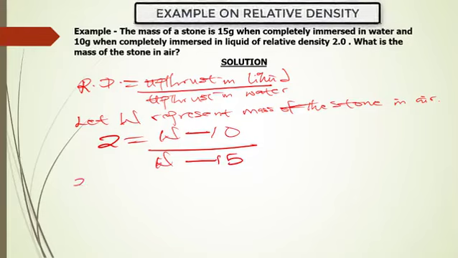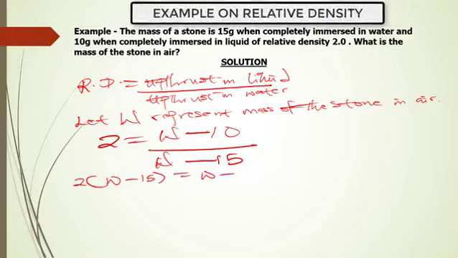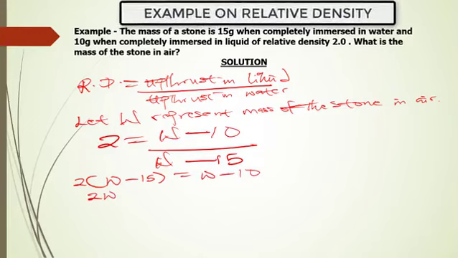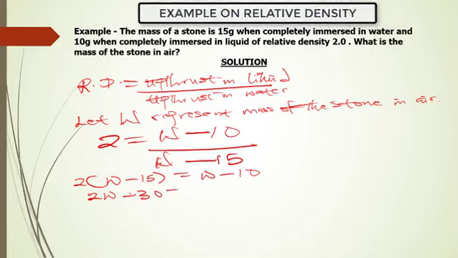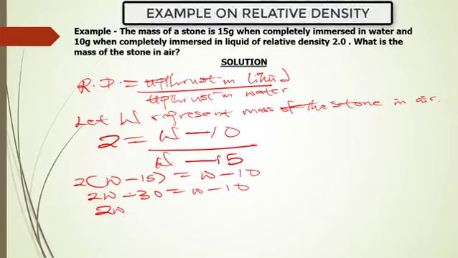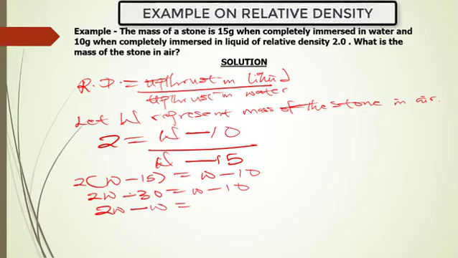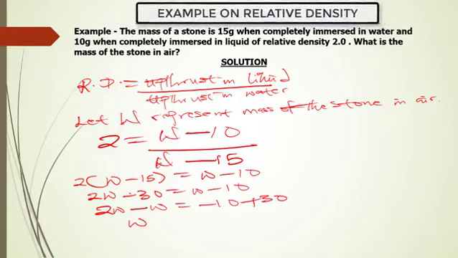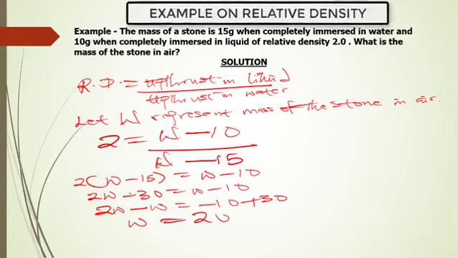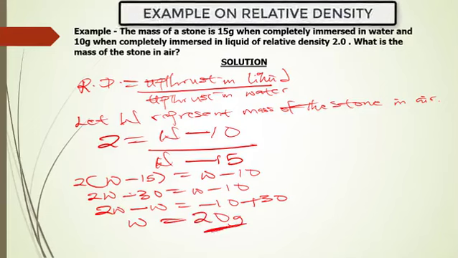Taking proportion, we're going to have 2 times W is 2W, minus 2 times 15 is 30, equal to W minus 10. At this point all we have to do is collect like terms. So 2W minus W equals minus 10 plus 30. 2W minus W is W, and minus 10 plus 30 is 20 grams, and this is the mass of the stone in air.